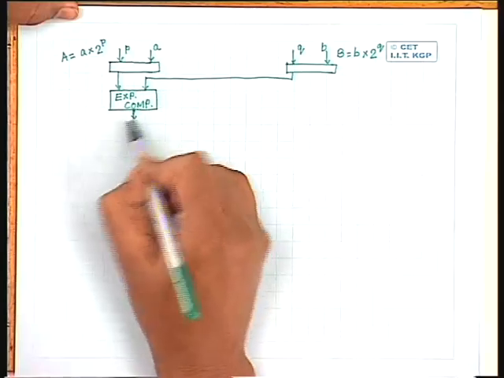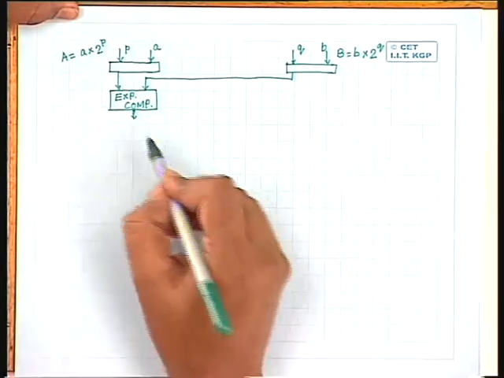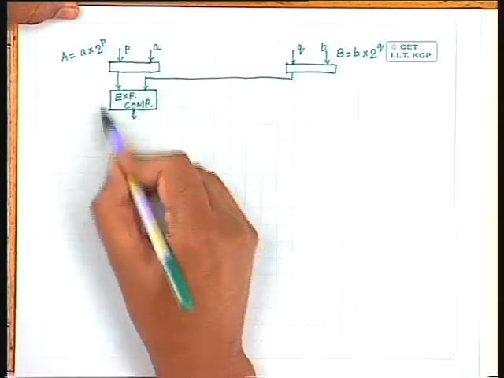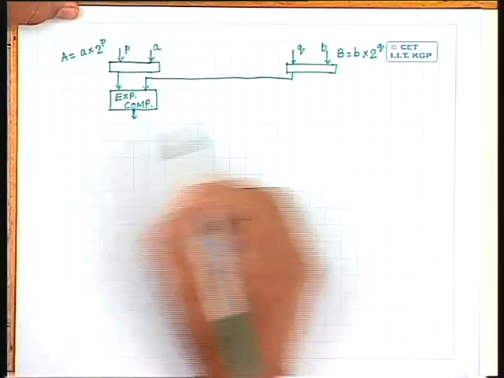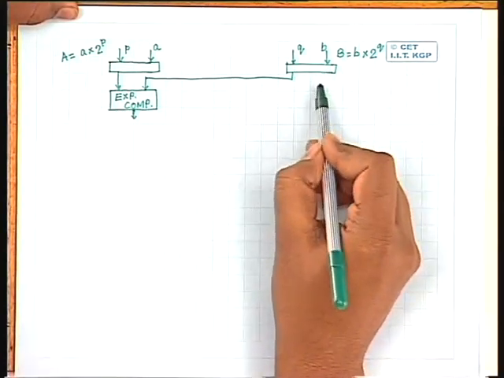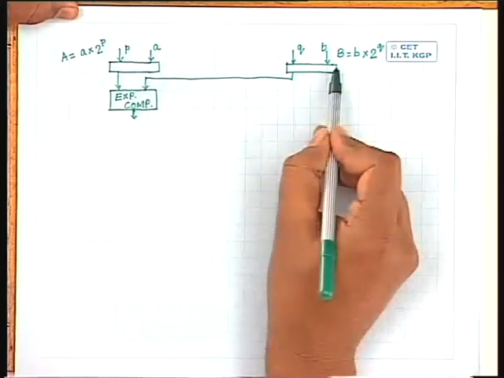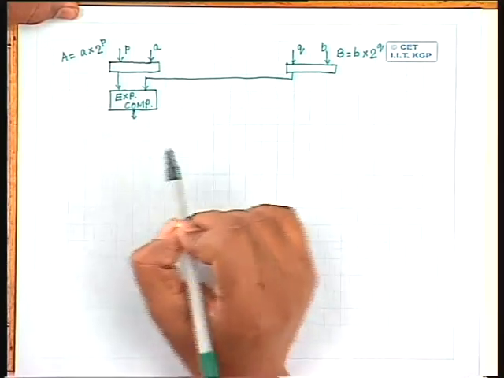Once I find out which of the exponents is greater or which is lower, I have to select one of the fractions, one out of A and B, for normalization.